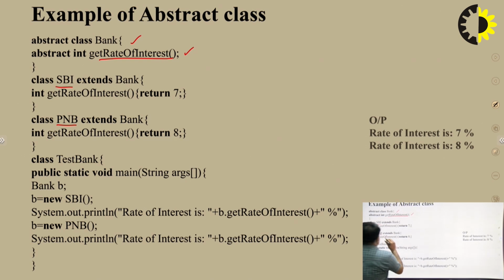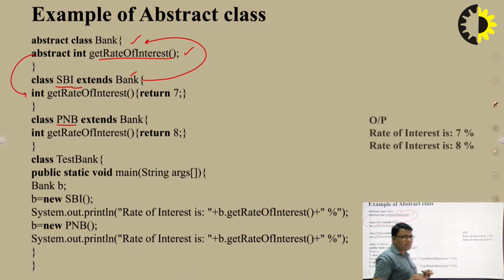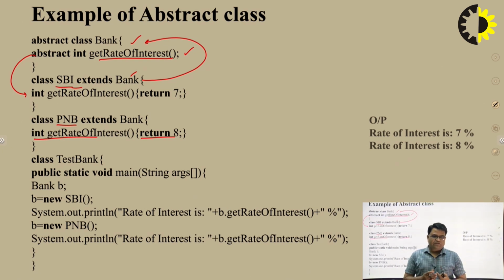First, the SBI class extends the Bank abstract class, and the abstract method is getRateOfInterest. The body of that method will be provided with return type integer, returning a rate of interest of 8%. We have provided the body of that method, and in the method we are printing the rate of interest.